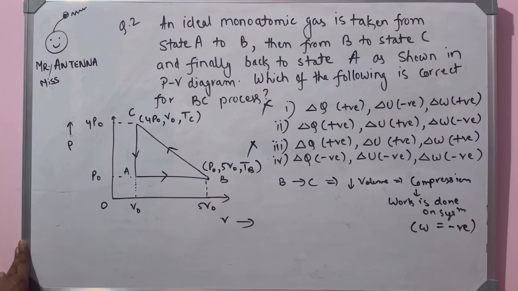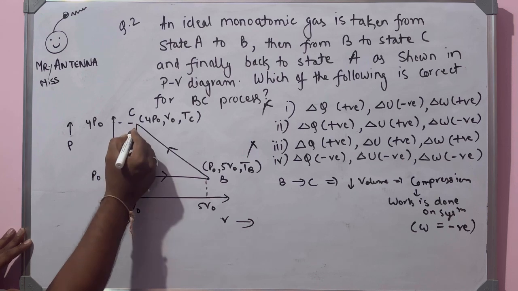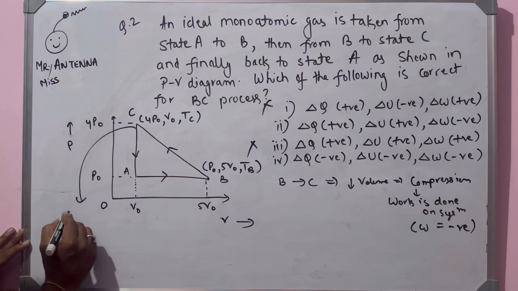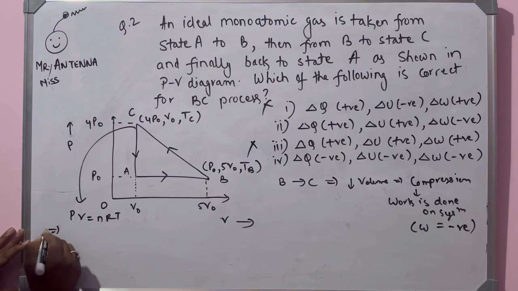If temperature increases, internal energy change will be positive; if temperature decreases, internal energy change will be negative. So let's check TC and TB. If I apply the ideal gas equation here, PV equals nRT.